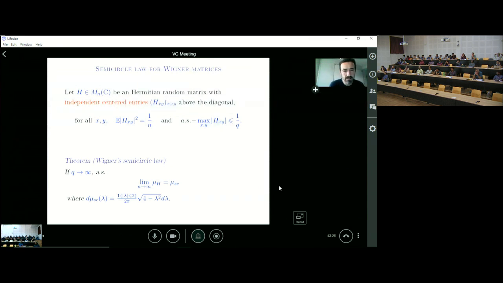Then the theorem of Wigner asserts that as soon as q goes to infinity, the limit of the empirical spectral distribution is the semicircular distribution. For the Erdős-Rényi graph, q is the square root of the degree.